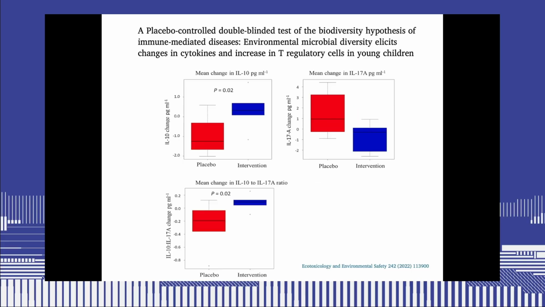And this is the analysis of interleukin, which are molecules shaping the functioning of the immune system. To make it very short, you see that the kids that play with dirt have a higher level of interleukin 10, and they tend to have a lower level of interleukin 17.